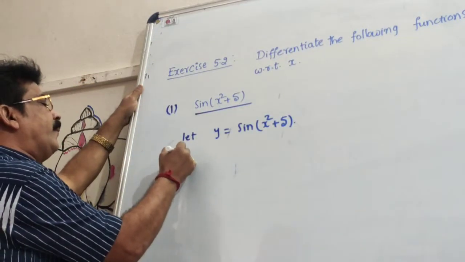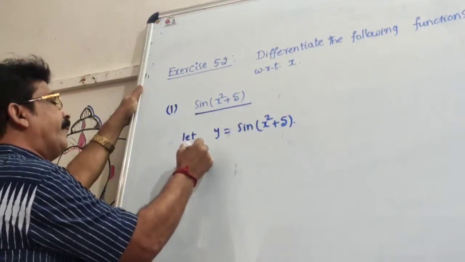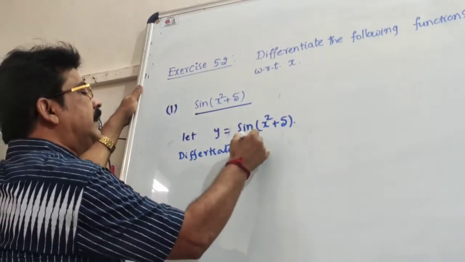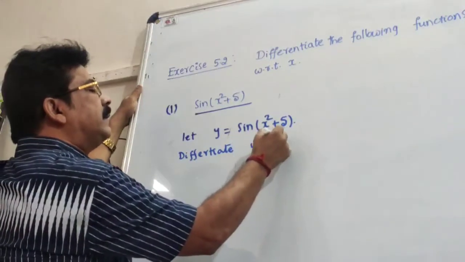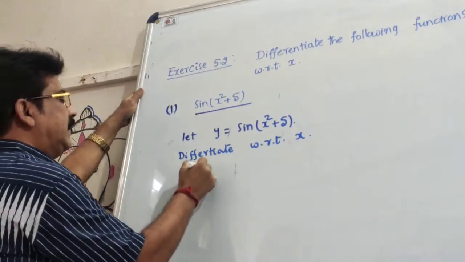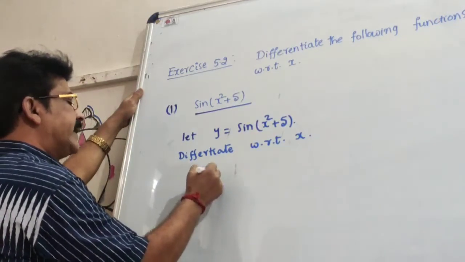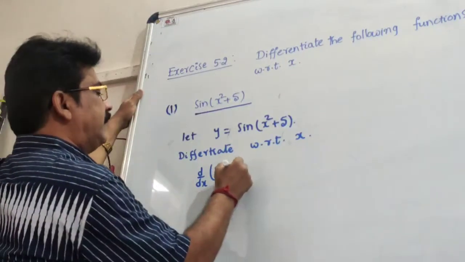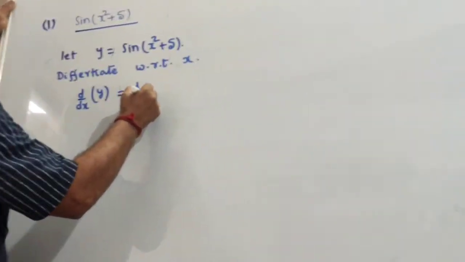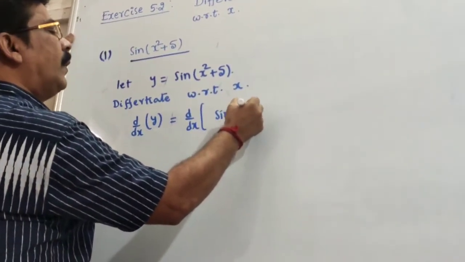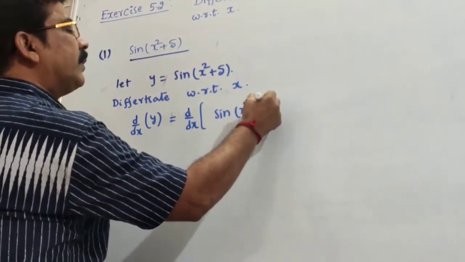Next step, differentiate with respect to x on both sides. Means what? d by dx of y, that is equal to d by dx of sine of x square plus 5.